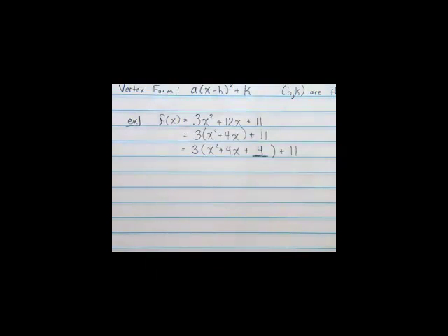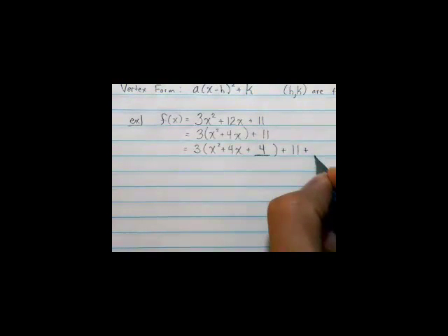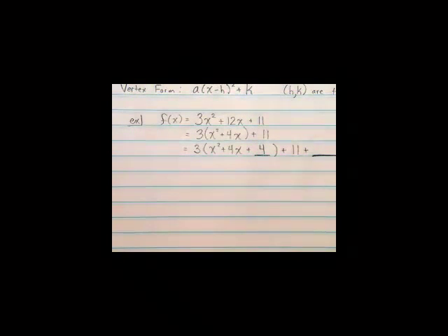So, to keep this thing in balance, I need to, at the end of it, also add something to offset what I put in there. Negative 12. Good. Okay, so catch why that is? It's not just the 4, right? There's this 3 out front. It's technically what I added to the entire equation by putting this little plus 4 in the parentheses.